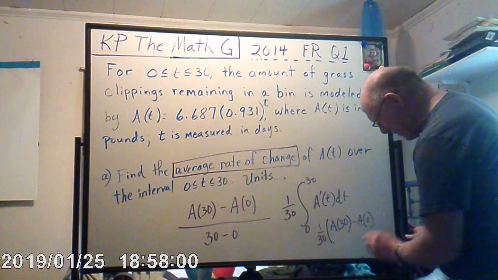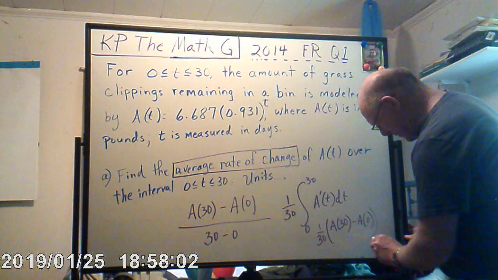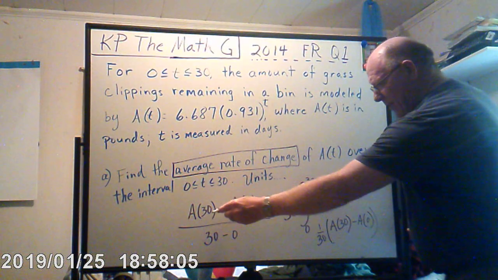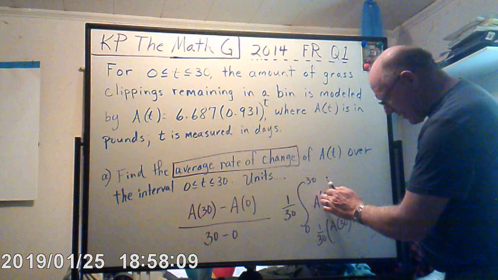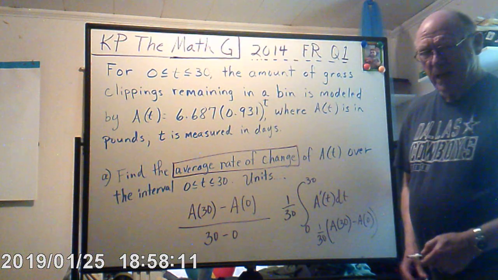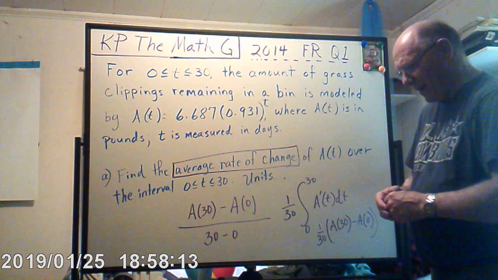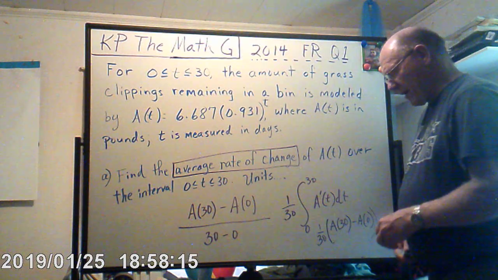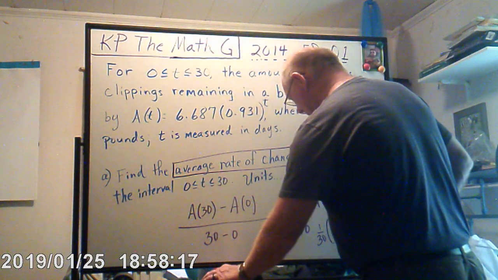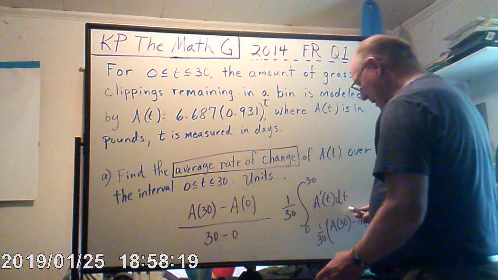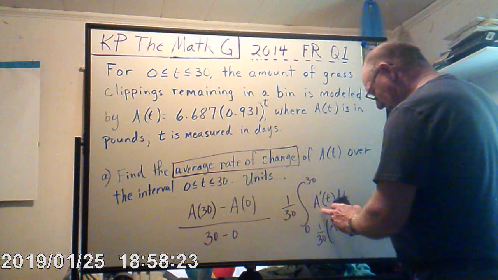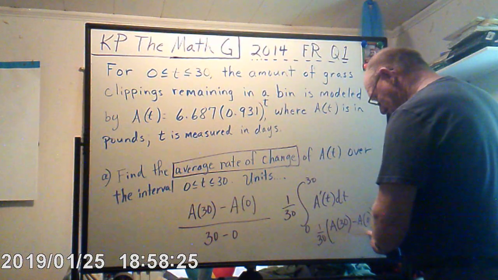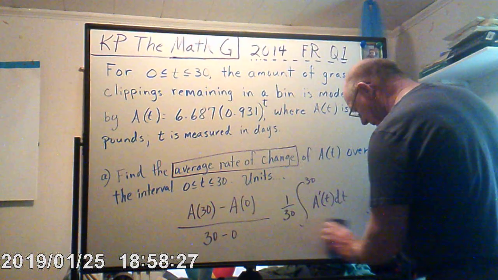And of course, that's the same thing, A at 30 minus A at 0 over 30 minus 0. But you have to understand, if you do it this way, it's got to be A prime at t, not A at t. So you have to remember to find the derivative of this and then plug that in. But it is A at 30 minus A at 0, and that's how that works.